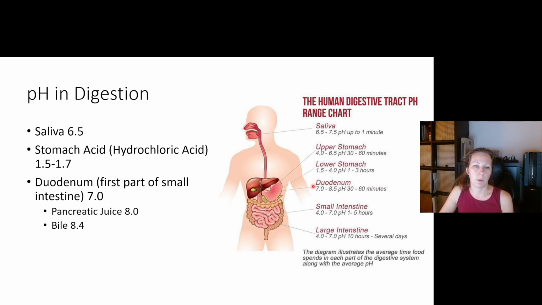So the beginning of the small intestine, we're getting that pH down to neutral, and then once it's in the small intestine, it's going to enter the bloodstream. And the pH of blood is pH 7.4, so close to neutral.